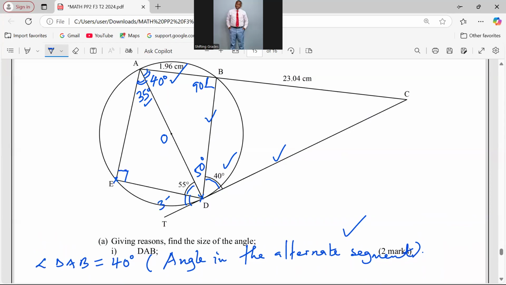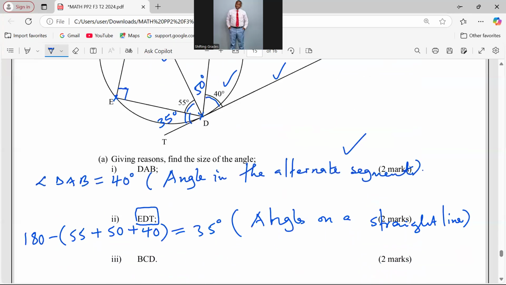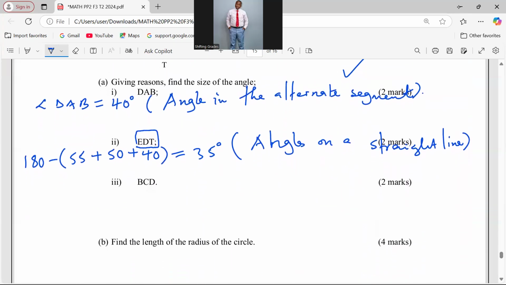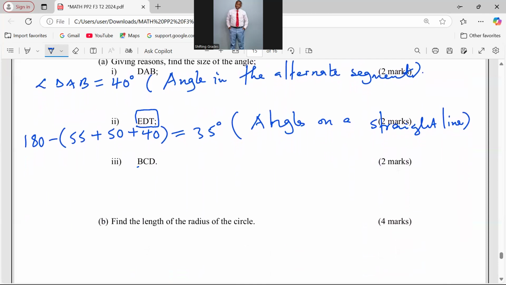It also has to be the same. So we can conclude directly that the angle between chord ED and the tangent TDC is the same as the angle chord ED produces in the alternate segment. And the one in the alternate segment is already calculated to be 35. Therefore, the other one is concluded to be also 35. So that is how we work out such a question. Look at the angle we are asked again.